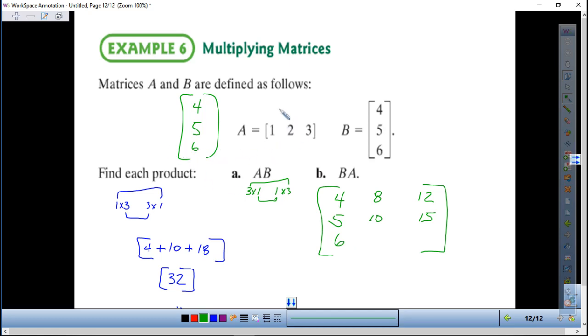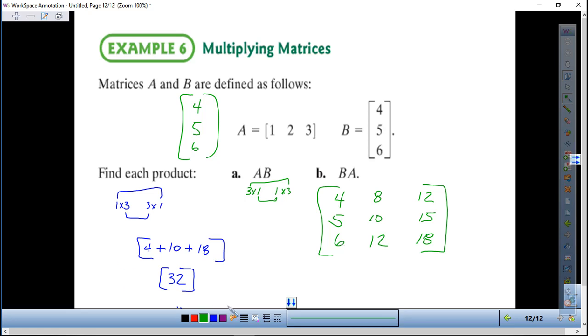So the third row, first column gives me the 3, 1 element. Third row times the second column is going to give me 12, and that gives me the 3, 2 element. And then 6 times 3 gives me 18. So there is my matrix right there.